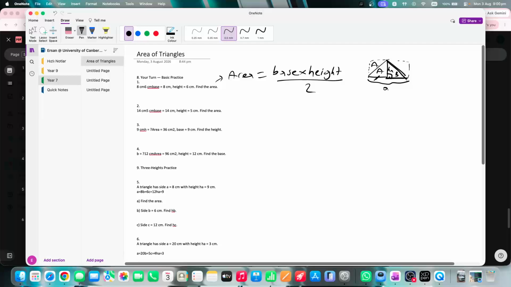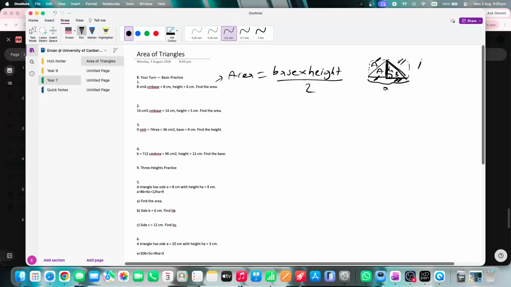Why is that? Because this base and this one are the same, and their height is the same as well. So it's the same thing for here as well. 2 dashes, 2 dashes, so they are the same in length, and their height is the same as well, which is why.